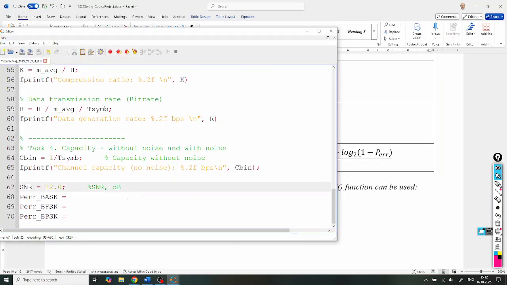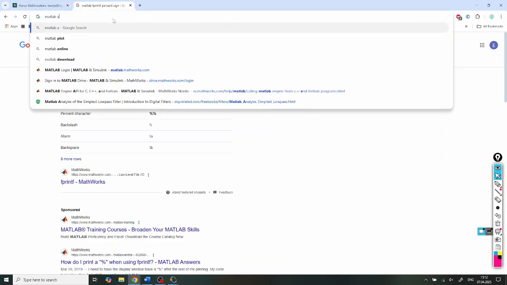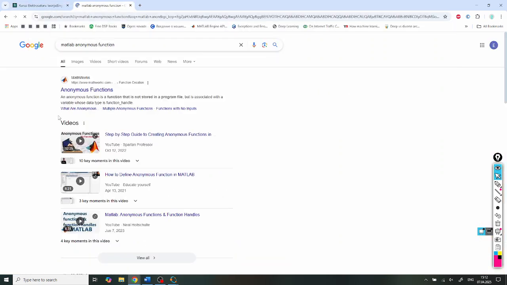Define Euler's function as an anonymous function. Just let me double check fast how that was working. MATLAB anonymous function from the help.